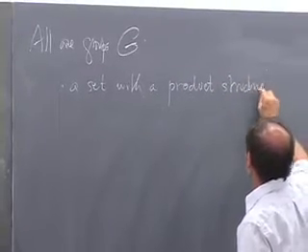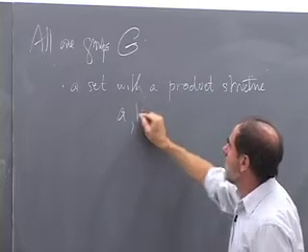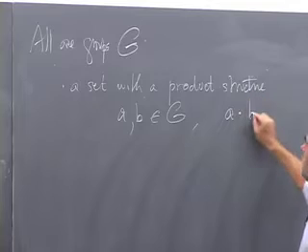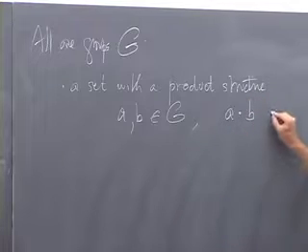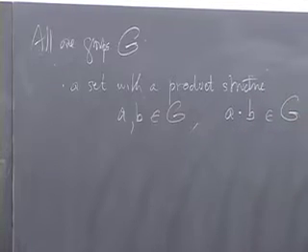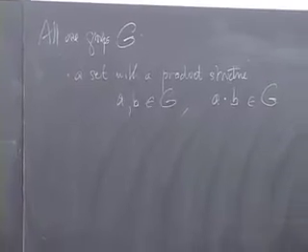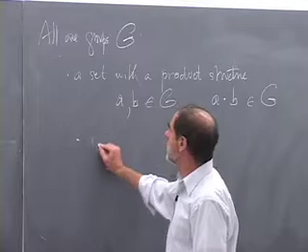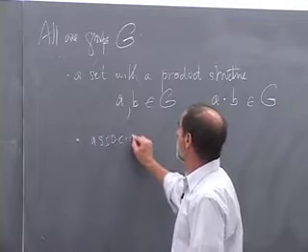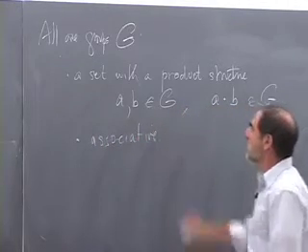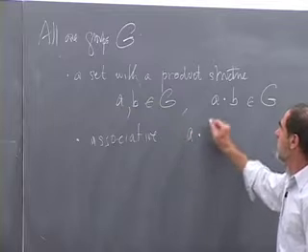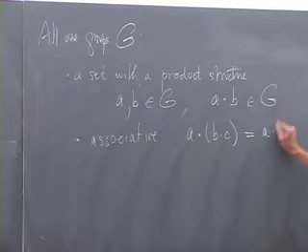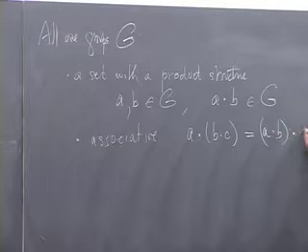By that I mean if you have two elements in the set, A and B in the group, then you get a new element, A dot B, the product of A and B, which is a new element in the group. So there has to be a product. And the second thing is the product must be associative. That's the most important thing to check. Namely, (A times B) times C has to always equal A times (B times C).